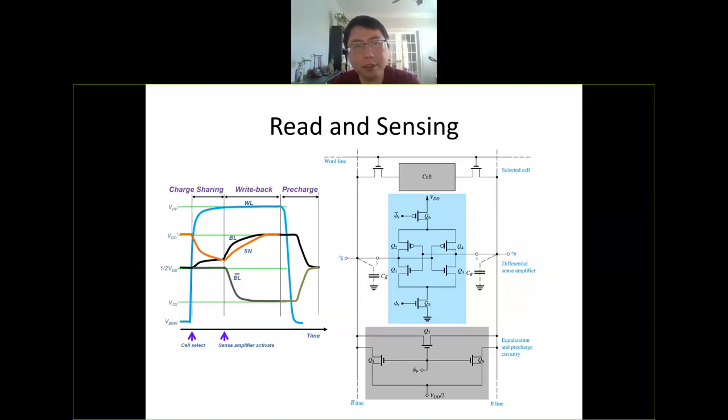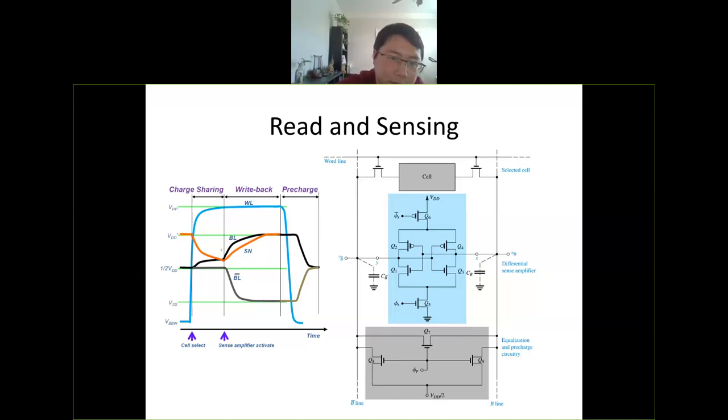But we don't want to change the data when we read out the data. We want to have the same data even after we read out. So that means we have to restore this voltage back to VDD, because this SN, this orange line, is the voltage of the storage node. We want this storage node to be VDD again after we read out because we don't want to change the data when we read. So how do we do that?